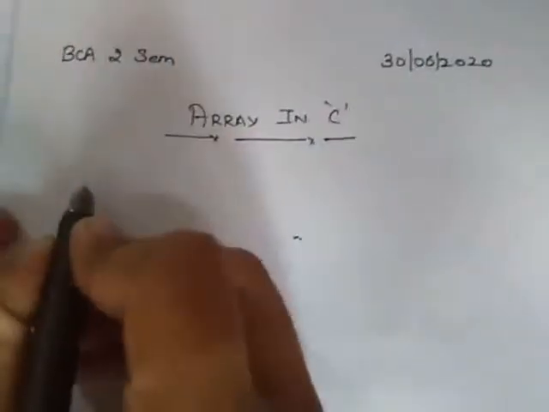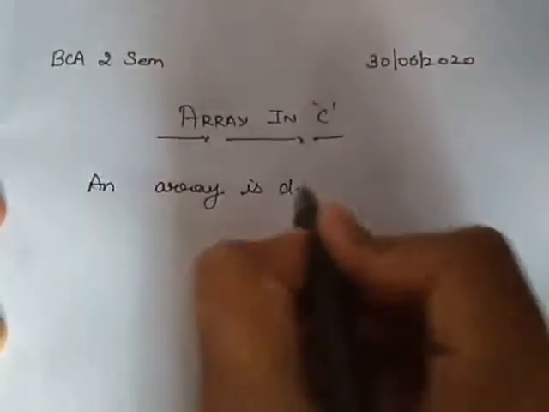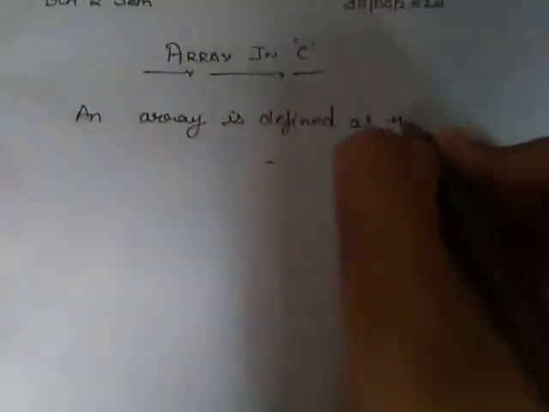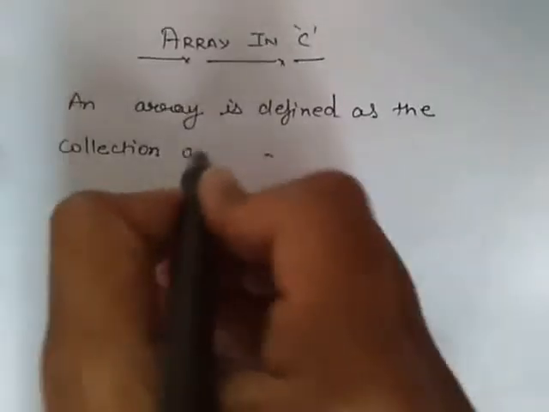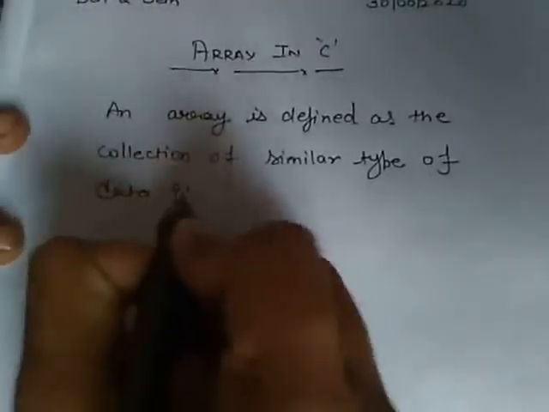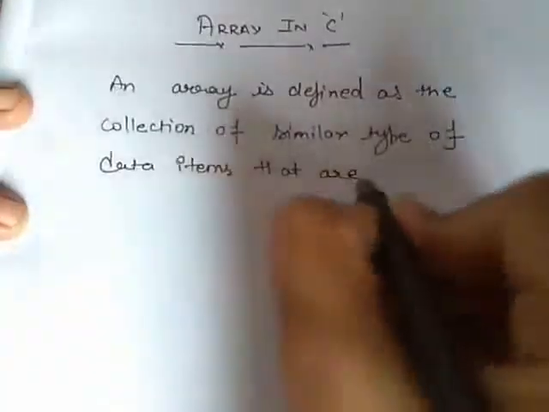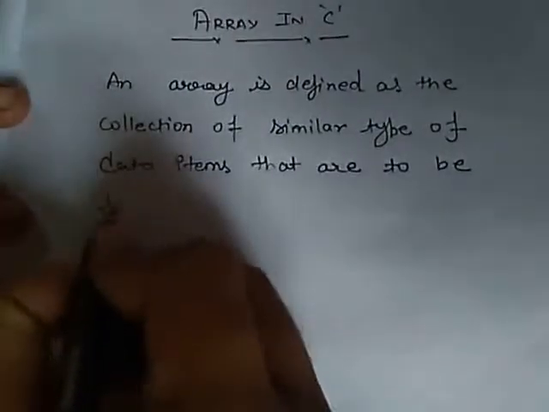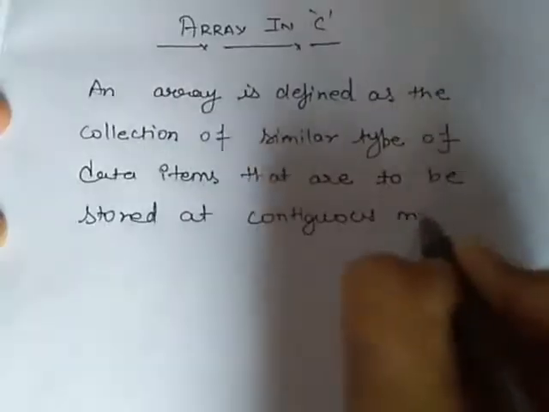We can say that an array is defined as the collection of similar type of data items that are to be stored at contiguous memory location.